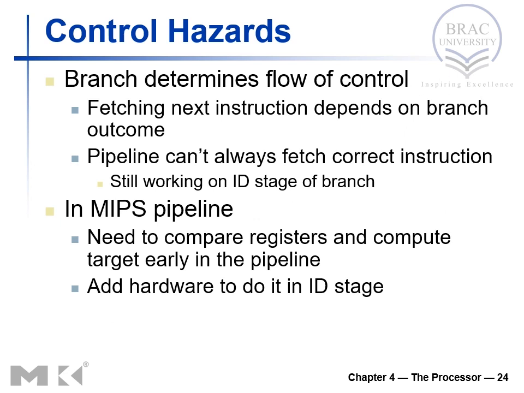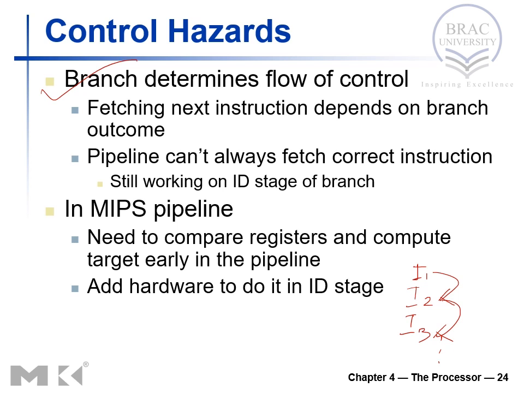Control hazard. Branch determines flow control. So if we have instruction 1 and then instruction 2, instruction 3, and so on, then after instruction 1, in a regular scenario, PC plus 4 will be instruction 2, and then PC plus 4 will be instruction 3, and so on.